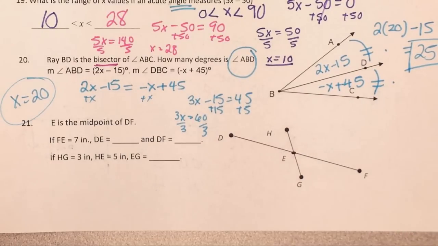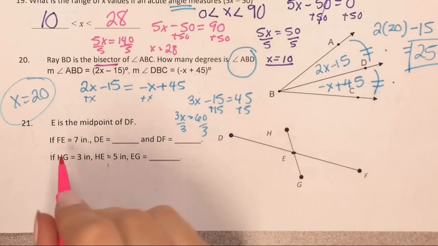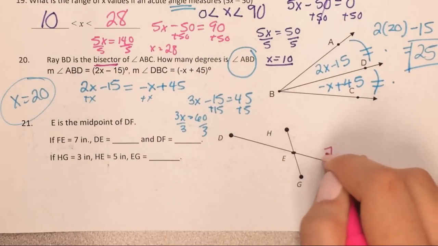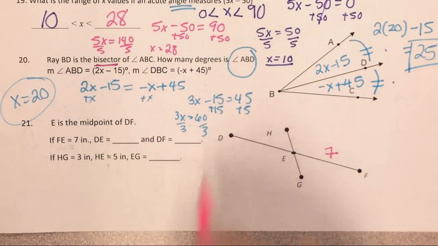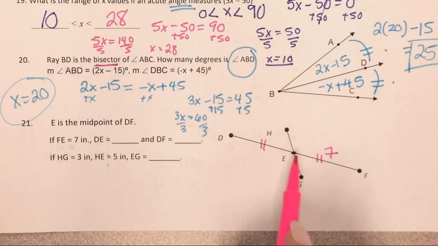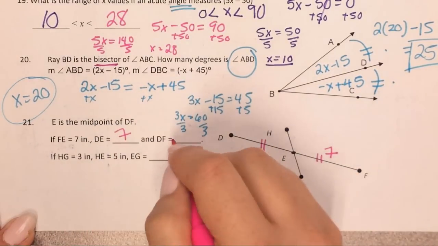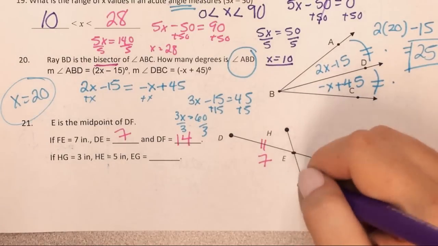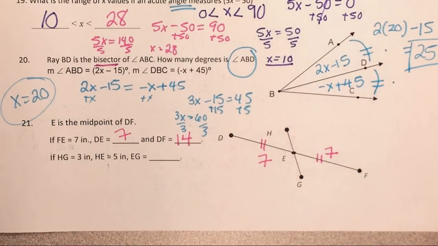Okay, last problem. E is the midpoint of DF. FE is equal to 7. It wants to know DE and DF. If E is the midpoint, that means that those two lines are congruent. This is also 7, so DF would be 14. Then it says HG, oh, this is a typo.